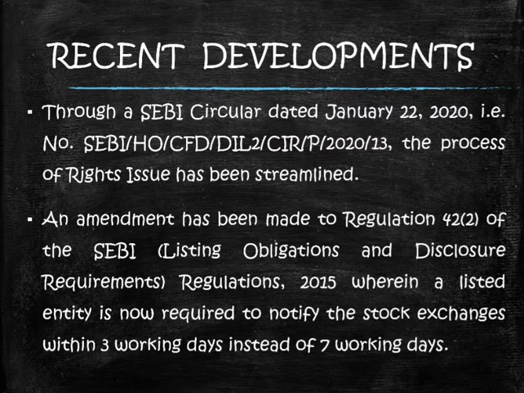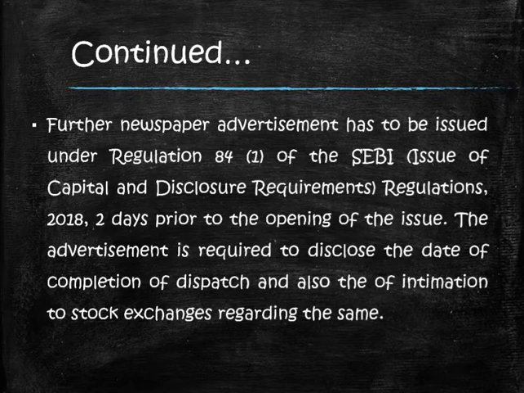Furthermore, moving on to the next slide, newspaper advertisements have to be issued under Regulation 84.1 of the SEBI Issue of Capital and Disclosure Requirements Regulations 2018, and the same has to be done 2 days prior to the opening of the issue. This advertisement is required to disclose the date of completion of dispatch and also of the intimation to stock exchanges regarding the rights issue.